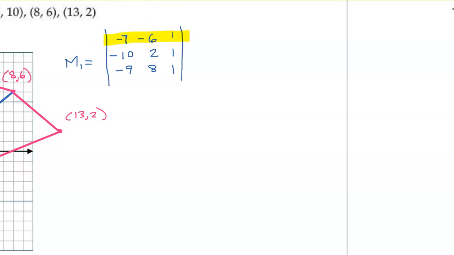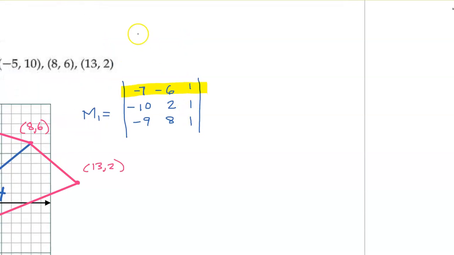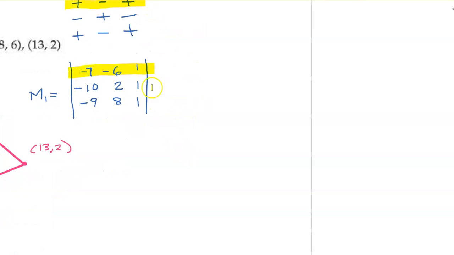Okay, now I'm going to be using the following pattern. Maybe I'll put the pattern up here. The pattern goes plus, minus, plus, minus, plus, minus, plus, minus, plus. Now I picked the top row, so that's going to follow the pattern plus, minus, plus. Now what am I talking about?